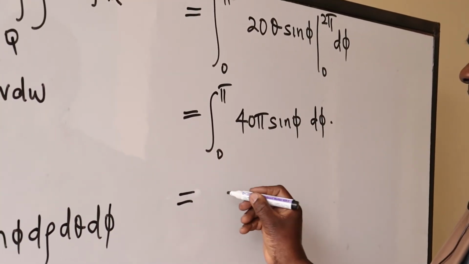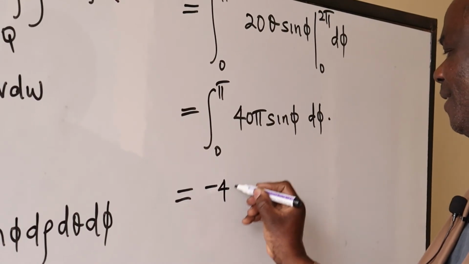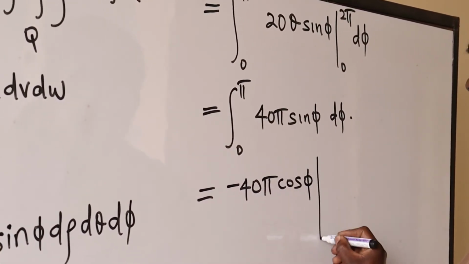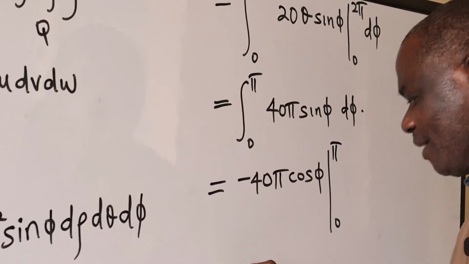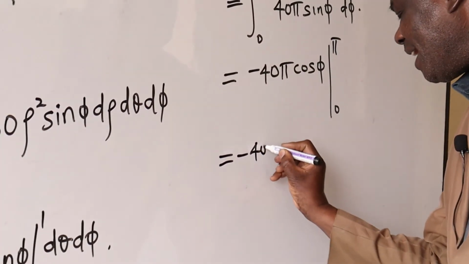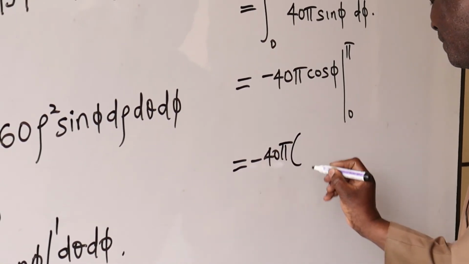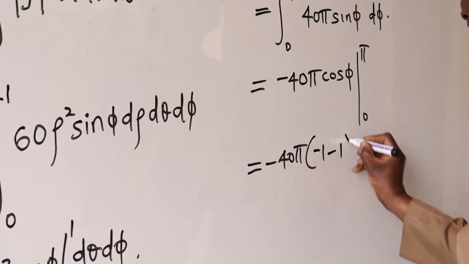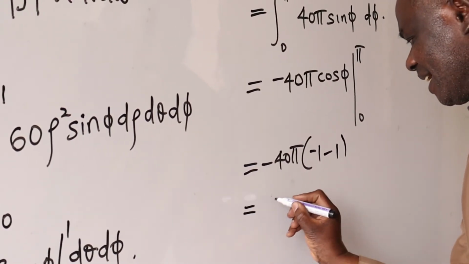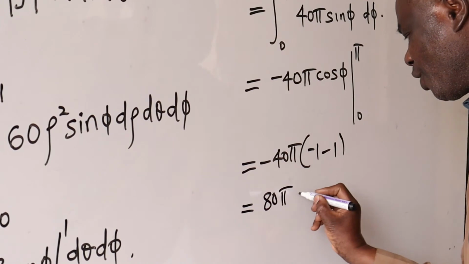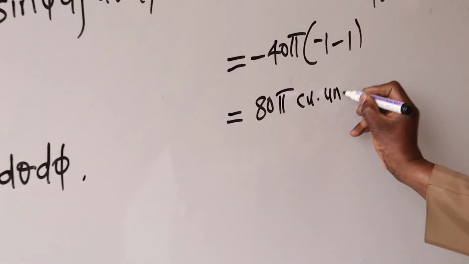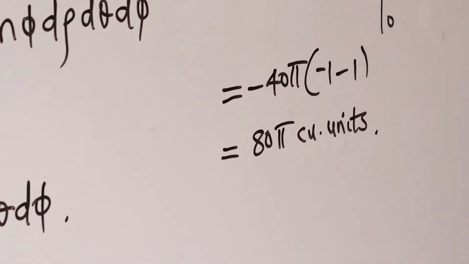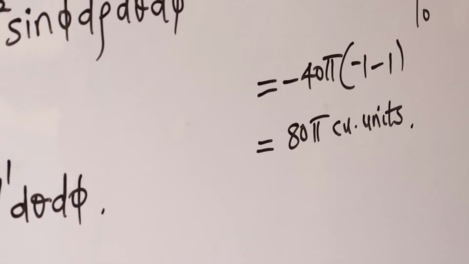When we integrate this, we get minus 40 pi cos phi, and we put limits from 0 to pi, which is equal to minus 40 pi into minus 1 minus 1. So the answer is 80 pi cubic units, and that is the volume of that particular ellipsoid.